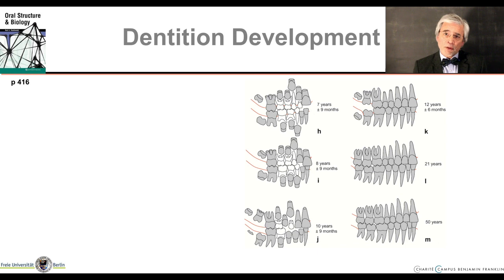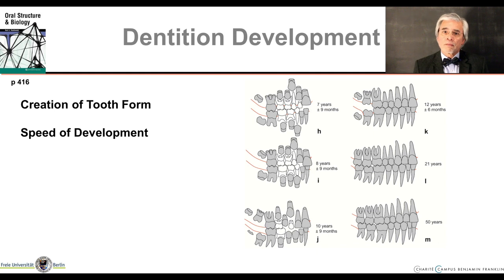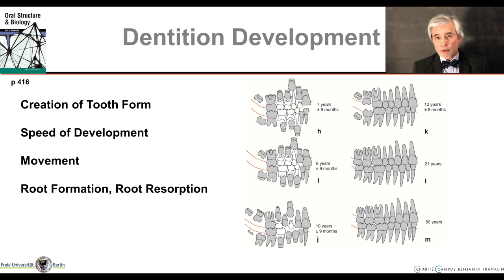You know, several processes take place at the same time. Each tooth develops and acquires its individual form, and all the teeth develop at different speeds. And while developing, they move towards the oral cavity. And on their way there, which is different for each tooth, they resorb the roots of their deciduous predecessors, if they are replacement teeth, also called successional teeth.